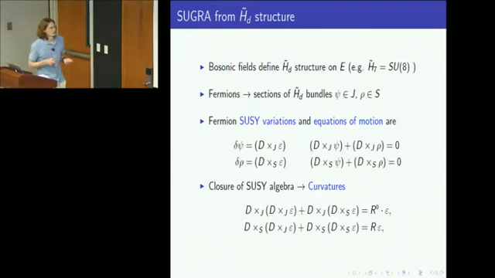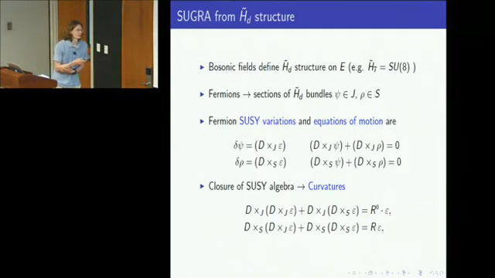We can also use the bosonic fields to define what we call an H_D structure. H_D is the maximally compact subgroup of E_D here. So for example, for E7(7) it is SU(8). And we can promote the fermions to transform under this group H_D.